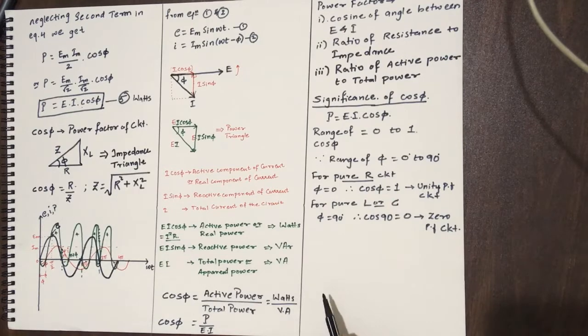Hence, consumers end up paying more electricity bill for the same amount of energy consumption. This is why we are expected to keep the power factor of the circuit at a higher level, nearly equal to 1.